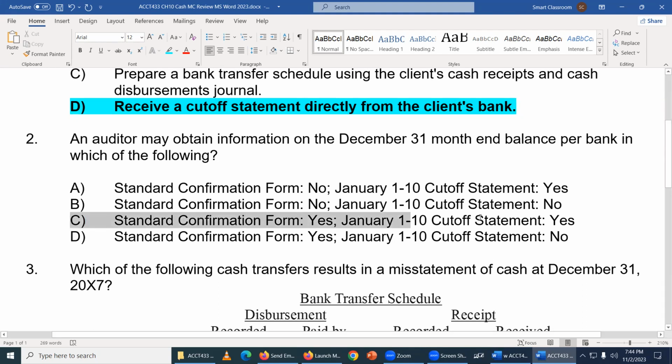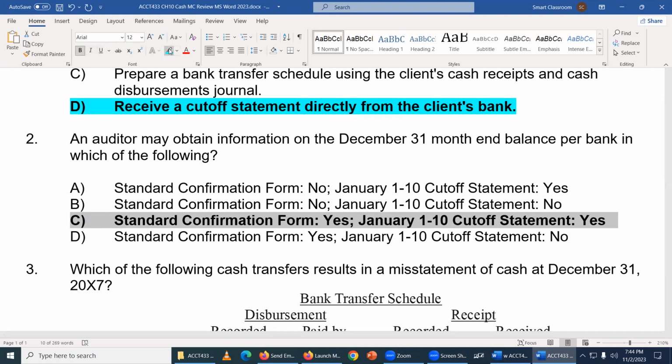Yes, yes, you're right. And here's why. Because it'll obviously be on the standard bank confirmation form that has the ending balance. On the January 1st cutoff bank statement, the beginning balance will be the same as the ending balance on, say, December 31st. So the beginning balance on January 1st will be the same as the cutoff on the 31st.